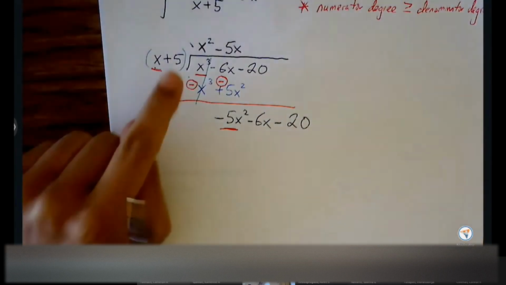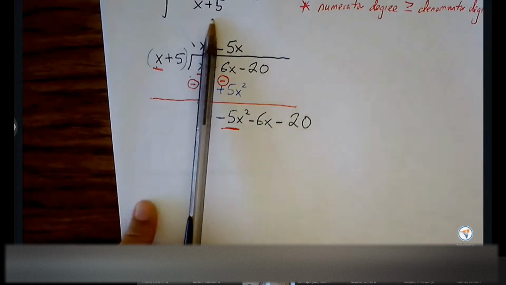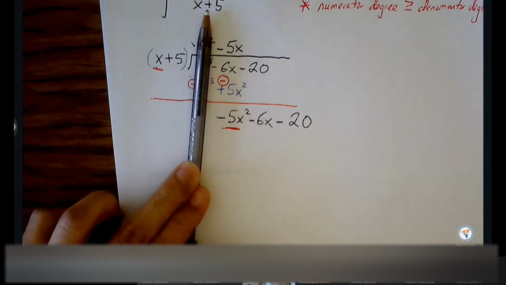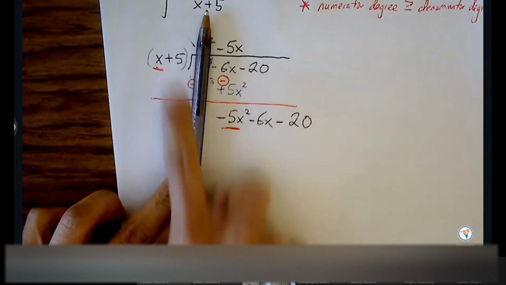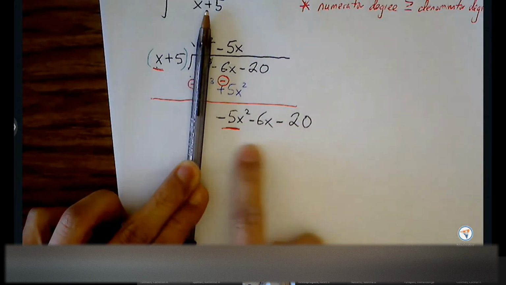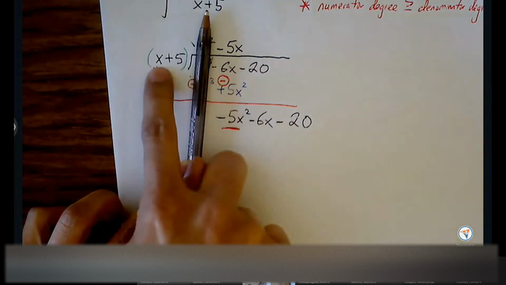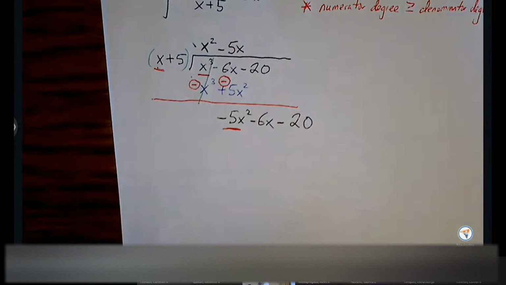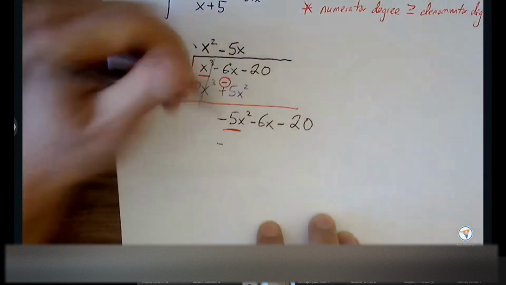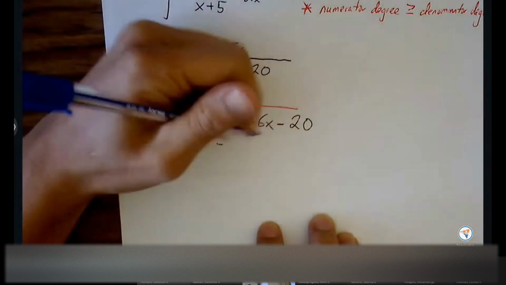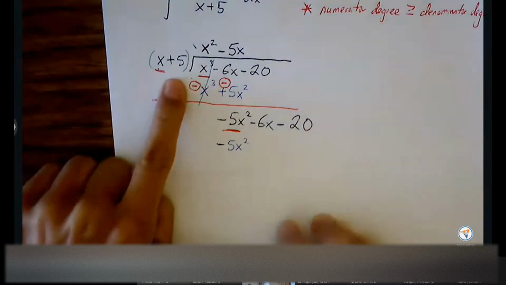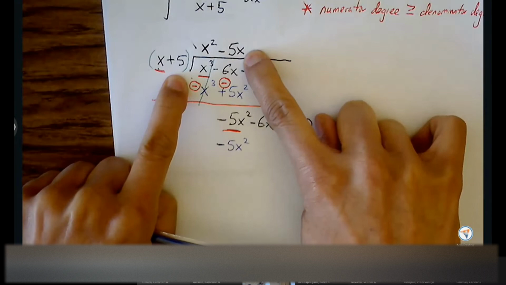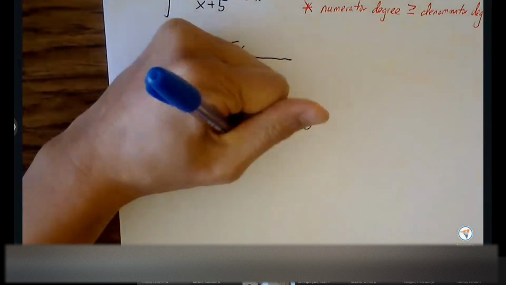Now, we're done with the x squared, so cover that up, and you're only going to distribute the negative 5x through the x plus 5. And you'll put that result below. So negative 5x times x is negative 5x squared. 5 times negative 5x is negative 25x.